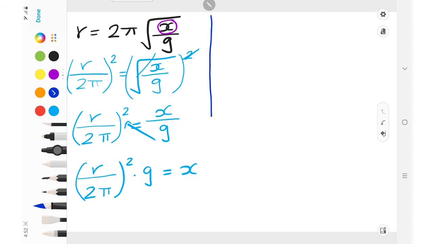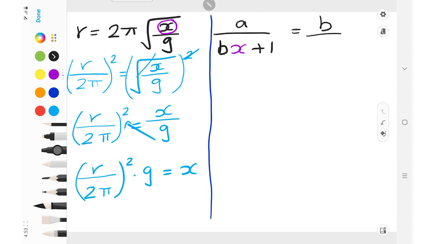Now I want to do more difficult ones. So let's take a divided by b times x plus 1 equal b divided by x.